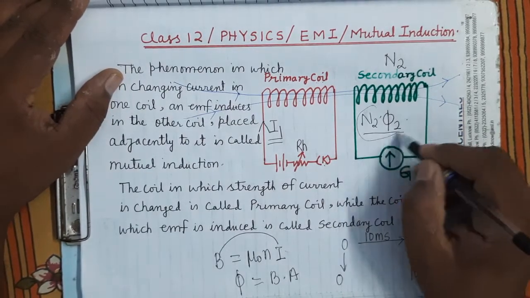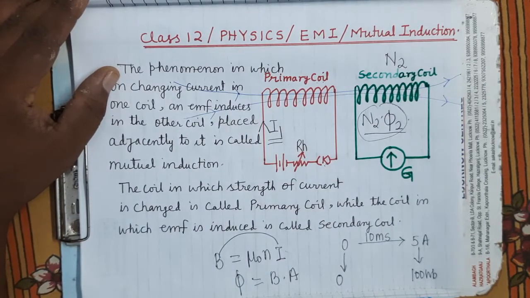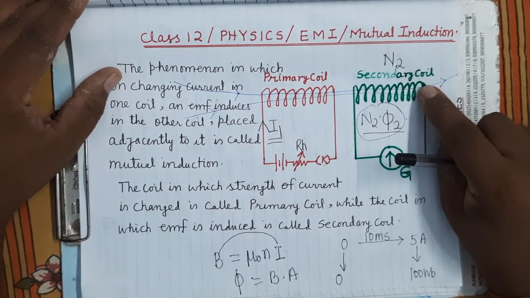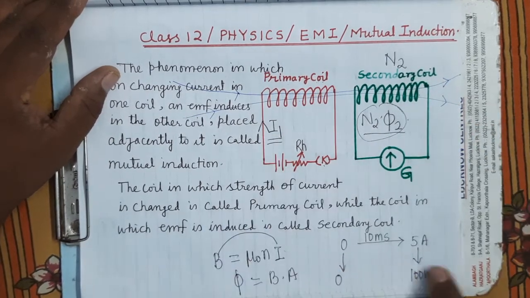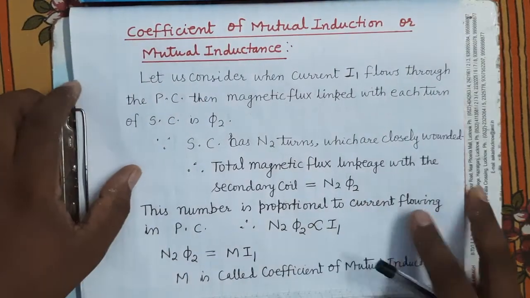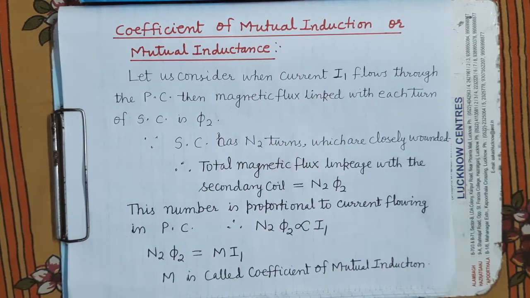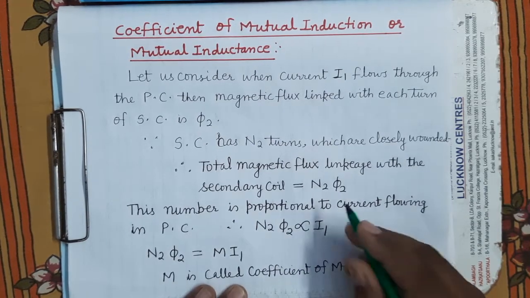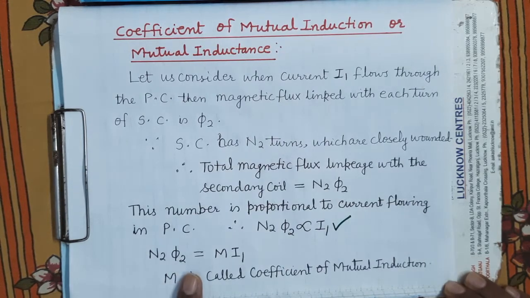Means N2 phi 2 is proportional to I1: the total magnetic flux linkage in the secondary coil is directly proportional to the current in the primary coil. We can write N2 phi 2 equals M I1.